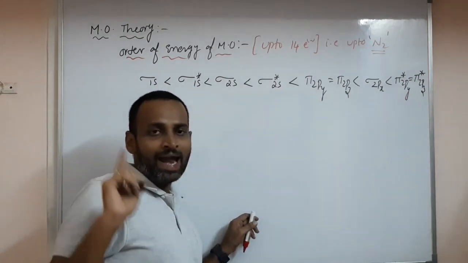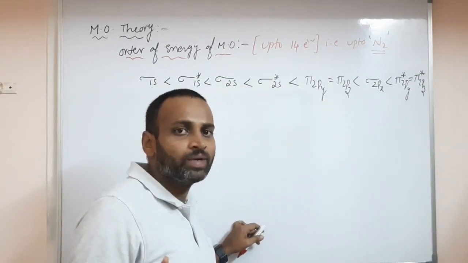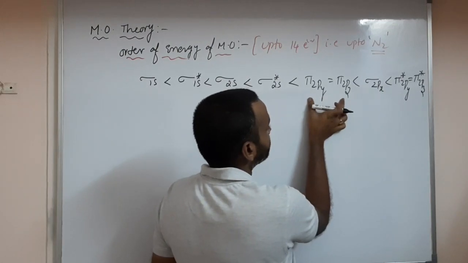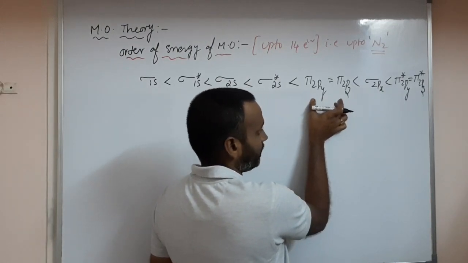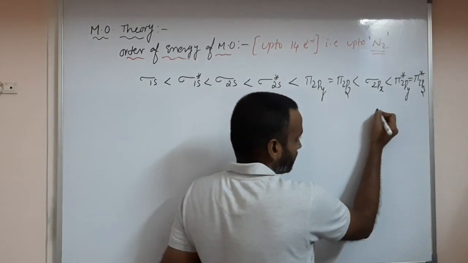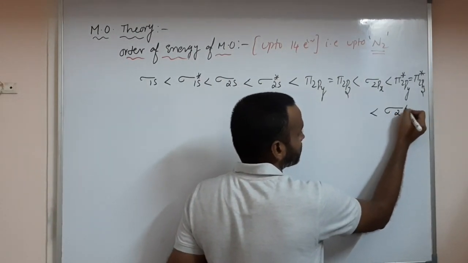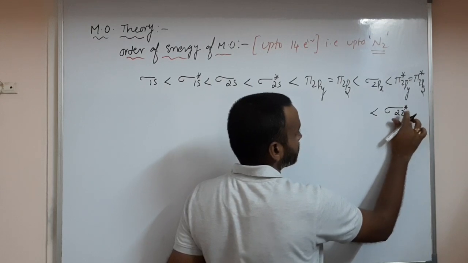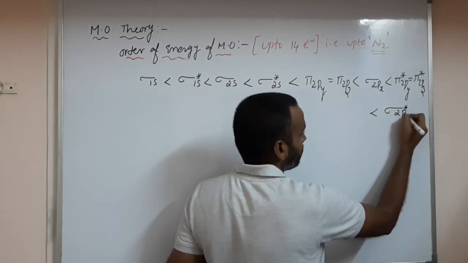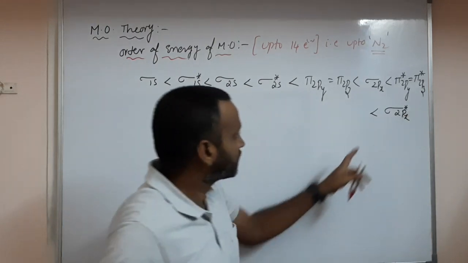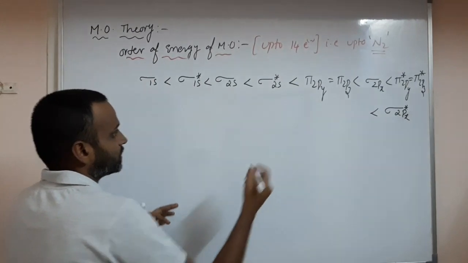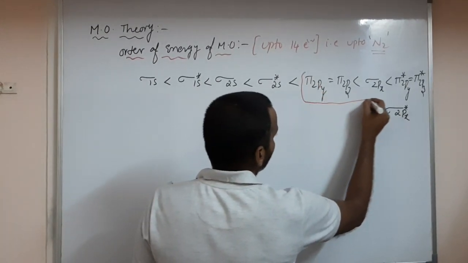As I said, anti-bonding orbitals always have more energy. These are bonding pi, these are anti-bonding pi. And the last is sigma star 2px. Can I write z here and z here? No problem. So this is the order of energy that we have.